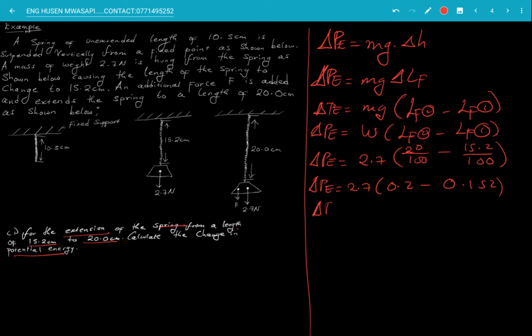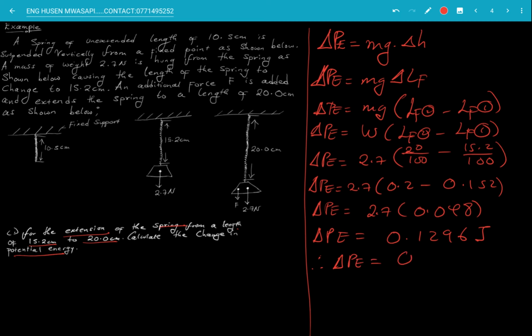So the change in potential energy will now be 2.7 times 0.048. And the change in potential energy will now be equivalent to 0.1296 joules. So therefore we could say the change in potential energy is 0.13 joules. And that is simply the change in potential energy.